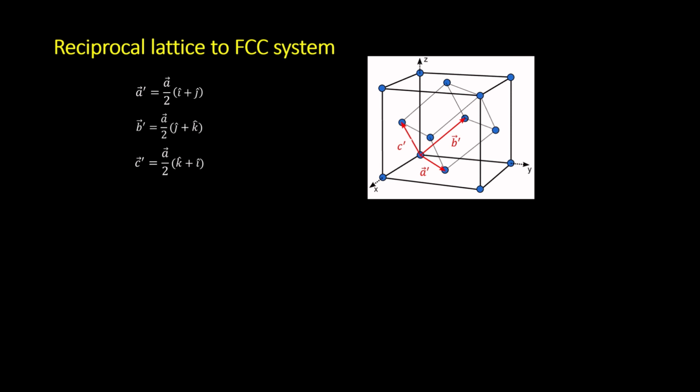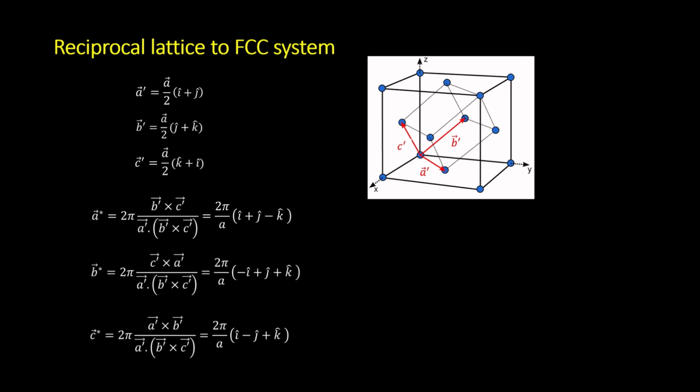The primitive translation vector A star of the reciprocal lattice is defined by the standard definition, and if you substitute for A prime, B prime and C prime, we get it as 2 pi by A into i plus j minus k.